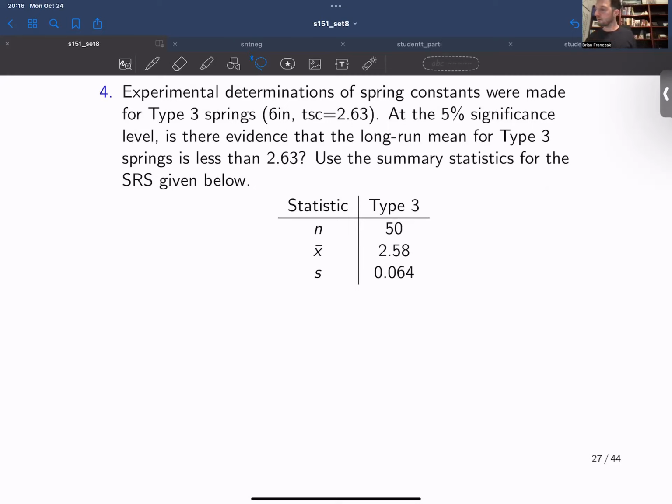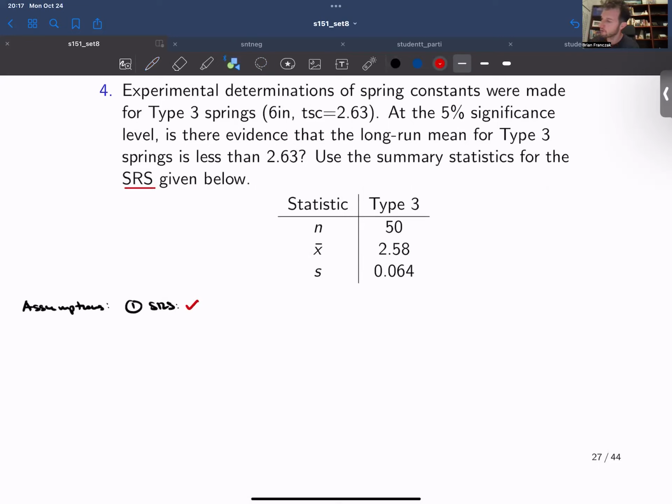As always, we start off with an assumption check. Our first assumption is that we collected a simple random sample. This is true because we are told that our information is from a simple random sample. Our second assumption is that X bar is normal.